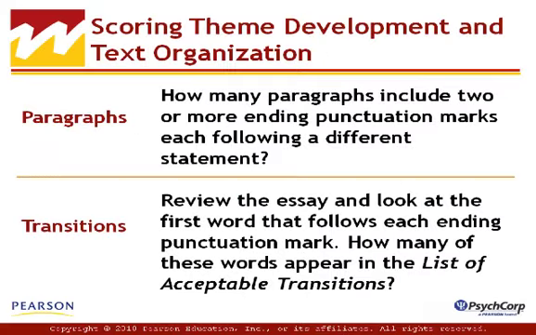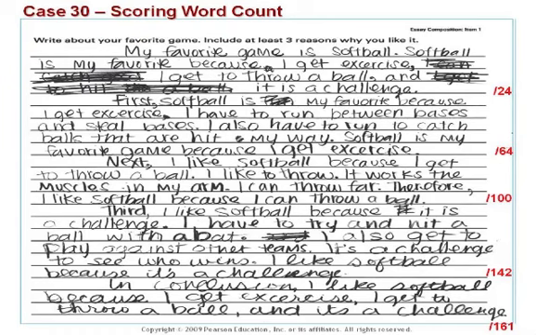The next thing that you want to look at are transition words. To evaluate transition words, evaluate every first word, the first word that follows an ending punctuation mark. So you can go and highlight all of the first words. And I think some of these, like "softball," clearly don't connect ideas.